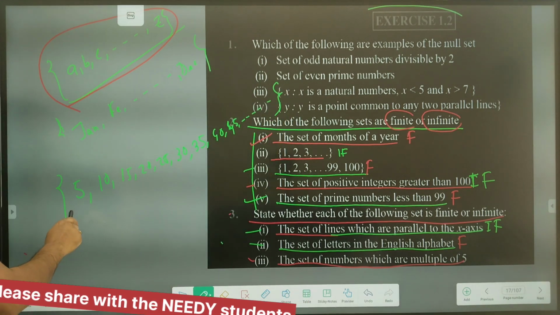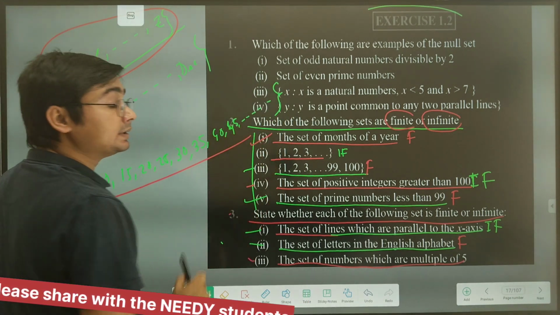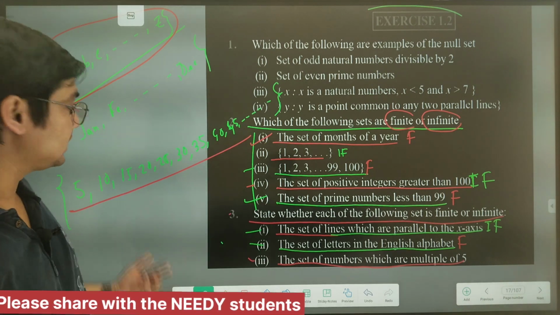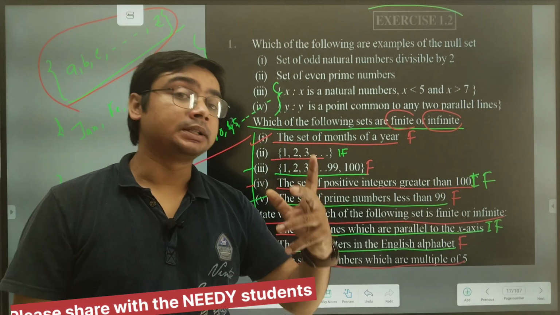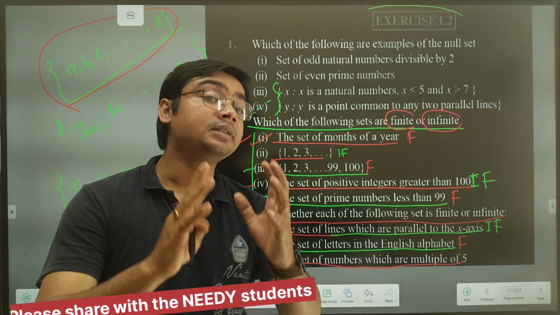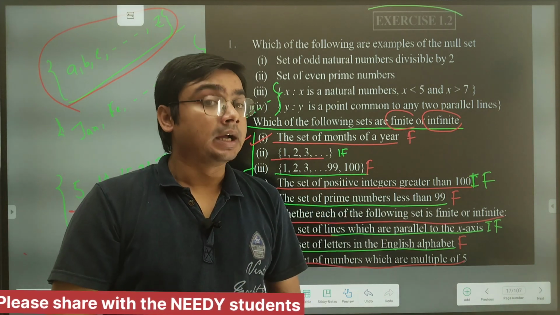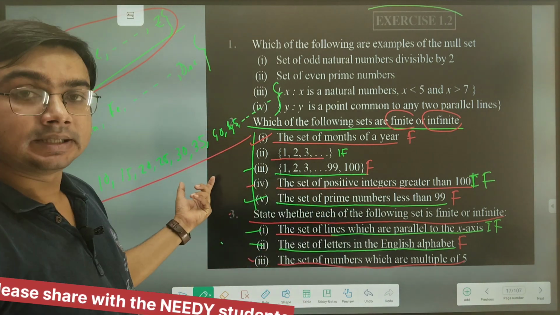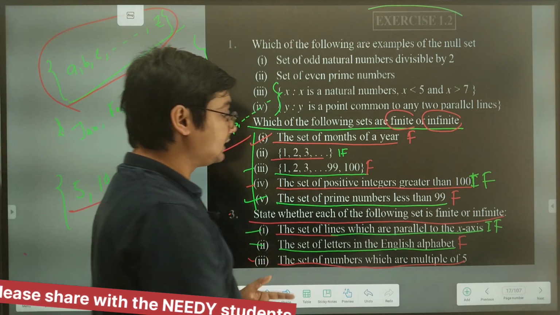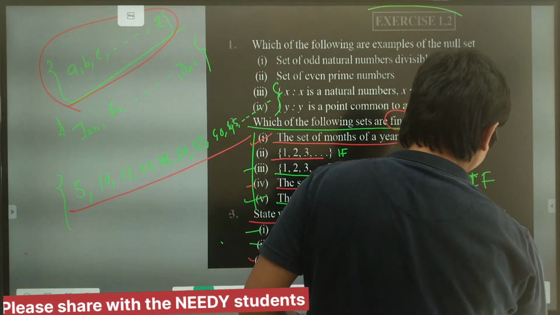All are multiples of 5. How many such multiples of 5 will exist? An infinite number of elements will be in this set, so this is an infinite set.